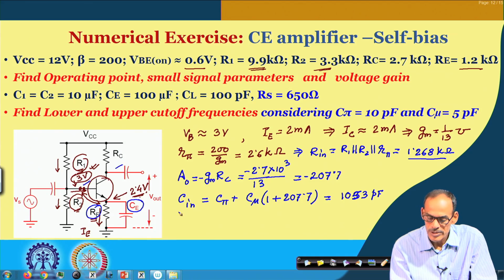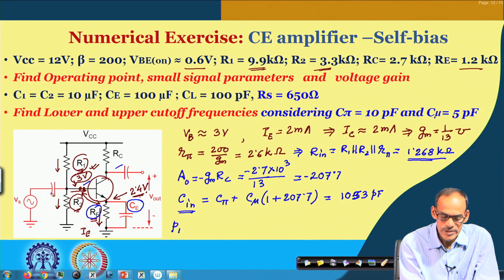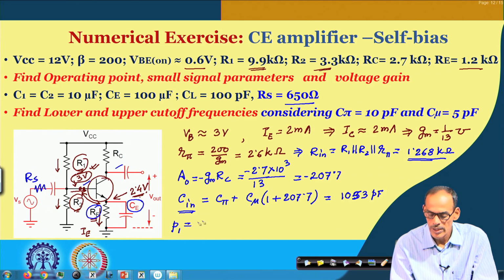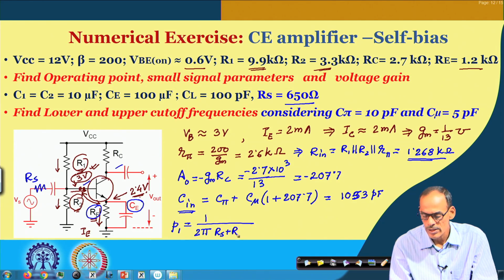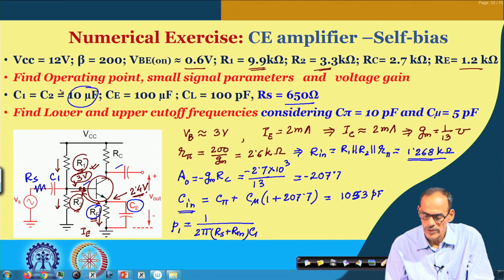So, using this information of Cin and Rin, you can calculate P1 by considering the source resistance Rs, which is given here. P1 is equal to 2 pi times Rs plus Rin multiplied by C1, and C1 is given here, it is 10 microfarad.